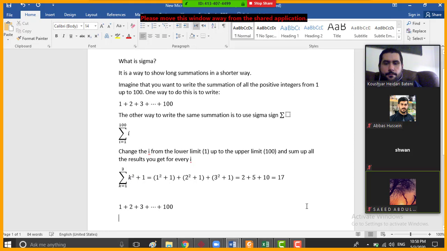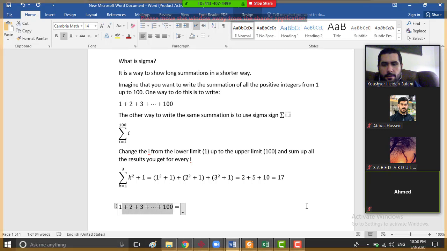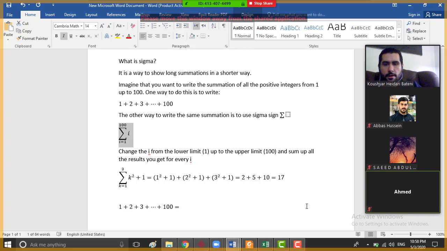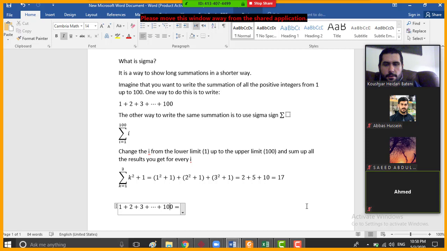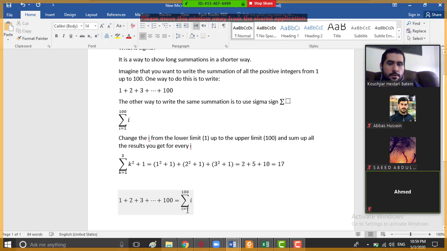Now, guys, if I had a summation like this, I can summarize this lengthy term by writing this sigma. 1 plus 2 plus 3 plus blah blah blah plus 100 is equal to sigma i from 1 to 100, and the term that we evaluate for all of these values of i is i itself.